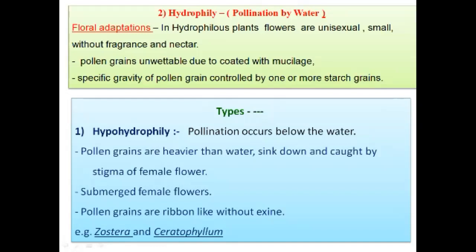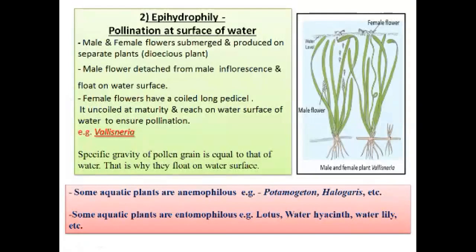Then the second type is epihydrophily. So what is epihydrophily? The pollination at the surface of water is known as epihydrophily, in which male and female flowers float on the surface. They are produced on separate plants, that is, a dioecious plant.